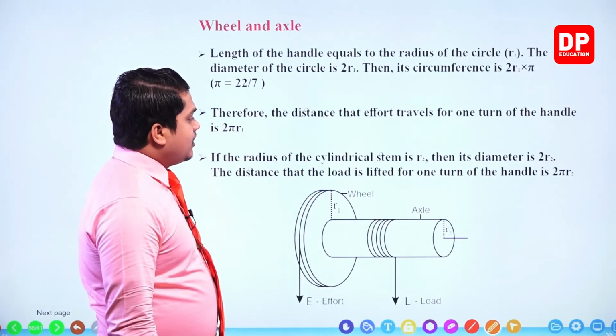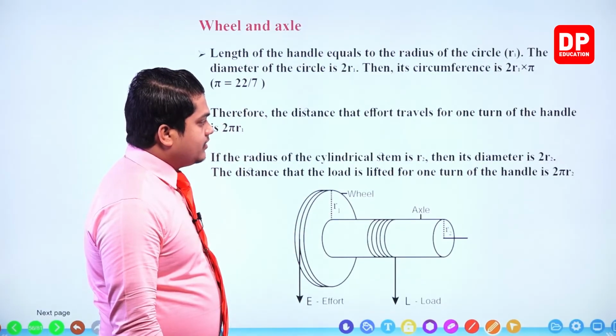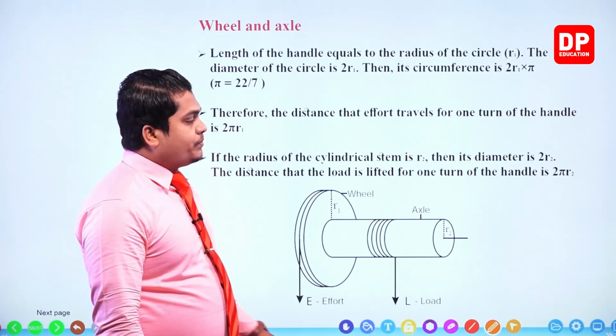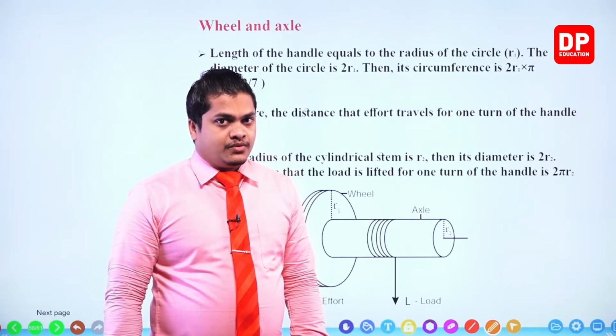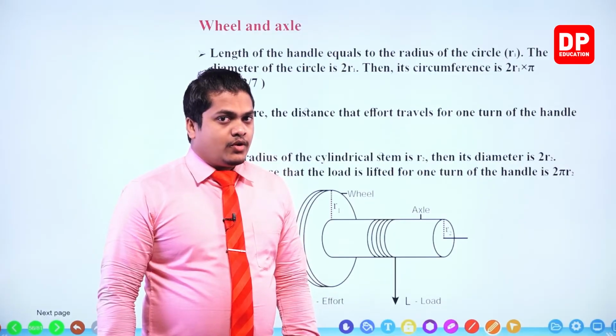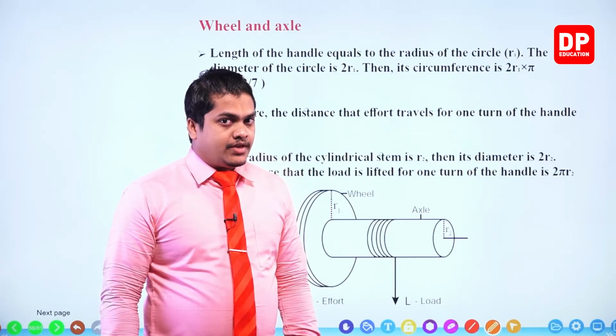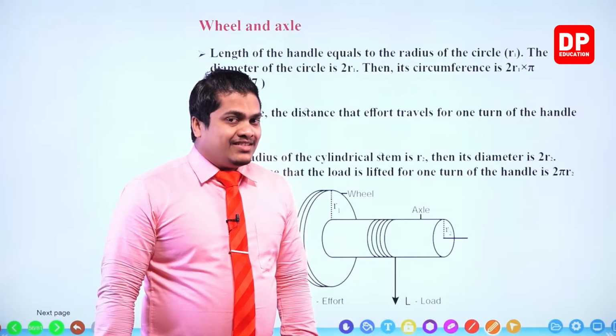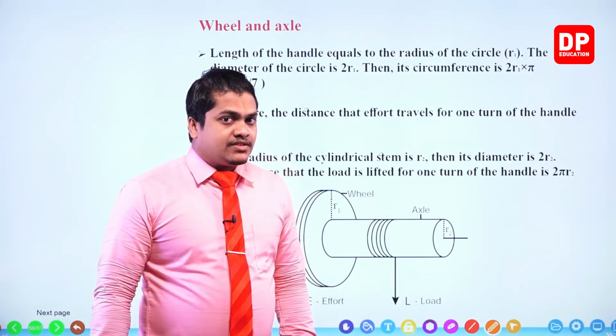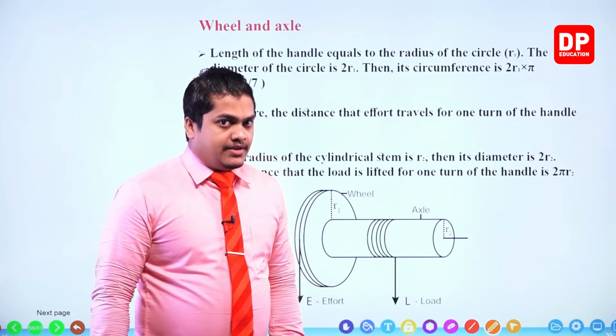Then the distance that the load is lifted for one turn of the handle is equal to 2 pi R2. I hope you got the idea, my dear children. Here we have found the distance traveled by the load and the distance traveled by the effort separately.